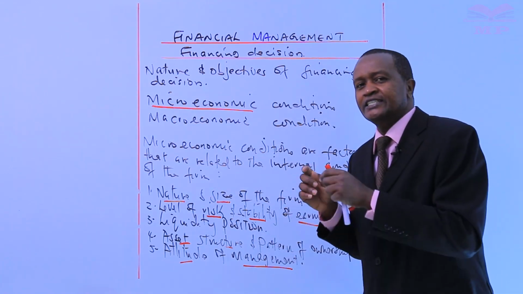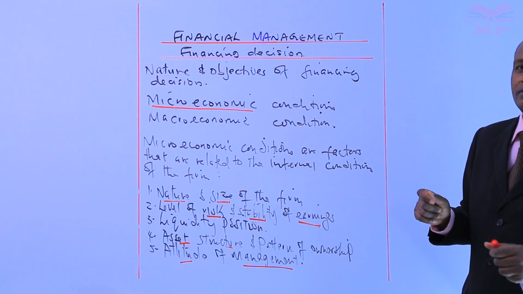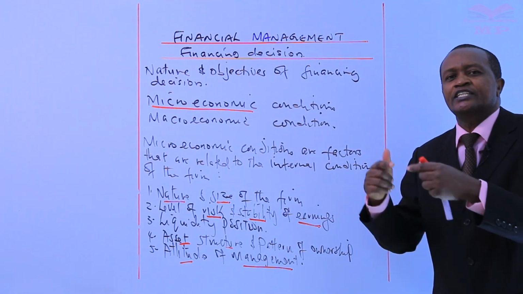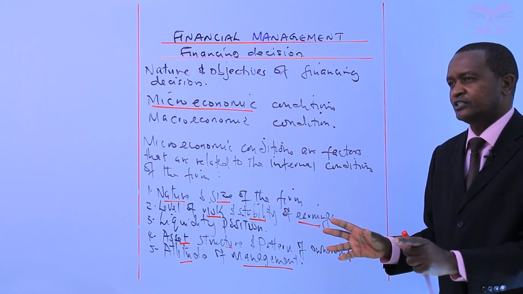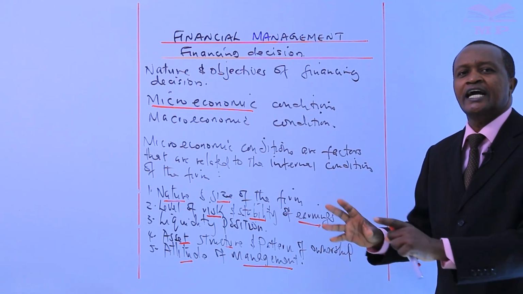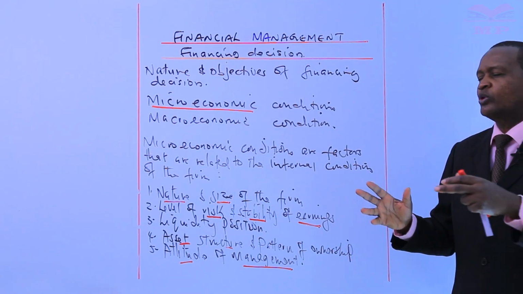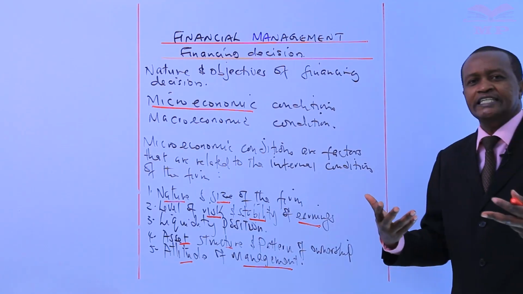Even when debt is advantageous, such a manager will shy away from debt. And the preference is to maintain a large volume of current assets. All right? A large volume of what? Current assets.